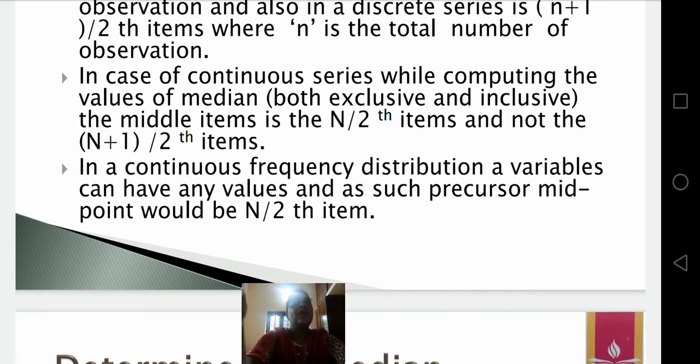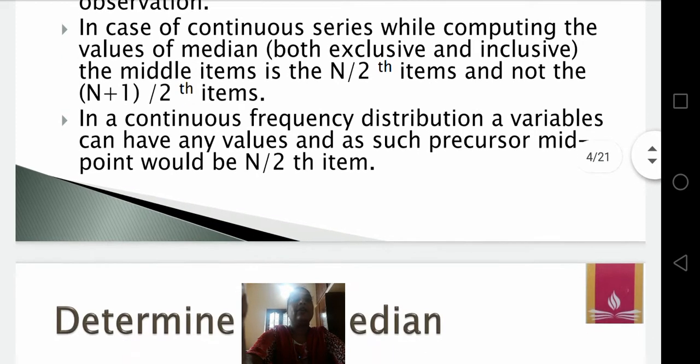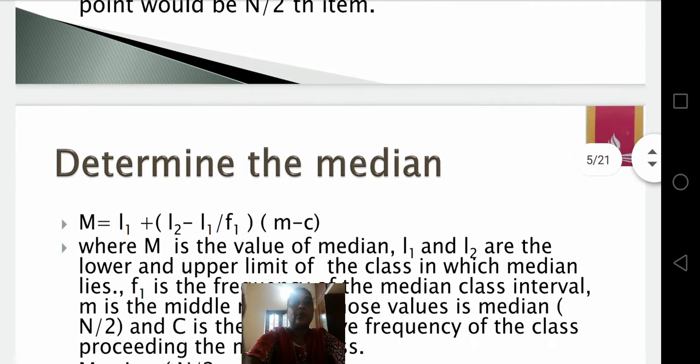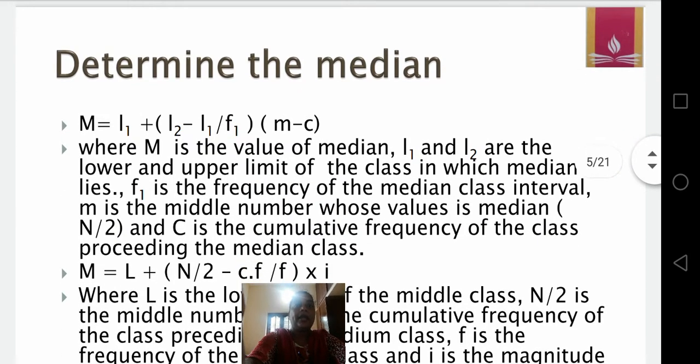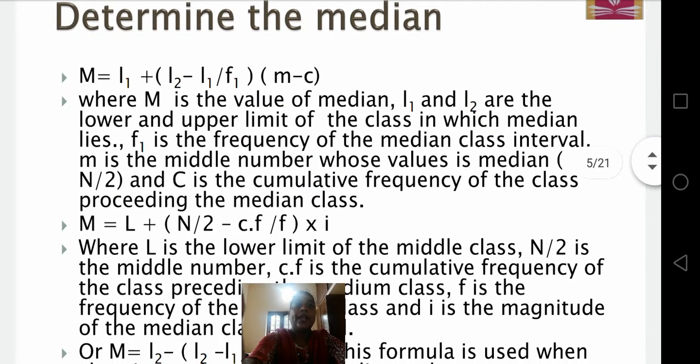Whereas in the case of a continuous frequency distribution, it is identified by the value n divided by 2, that item. And when there is a large amount of data in a frequency distribution with class intervals, we use the formula median M is equal to L1 plus L2 minus L1 divided by F1 into m minus c. The formula looks complicated, but it's very easy.